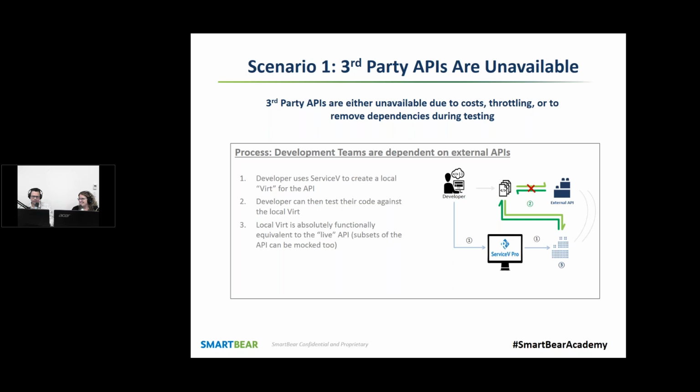The industry hasn't quite settled, but if you hear those, like I said, mocks, stubs, fakes, references, and we say Virt, just translate that quickly. The developer can then test the code against the Virt, and the Virt is as exact to the responses that you need. Virtualized APIs or services can all use data-driven features, so you can use external files to simulate lots and lots of content and lots of different responses.